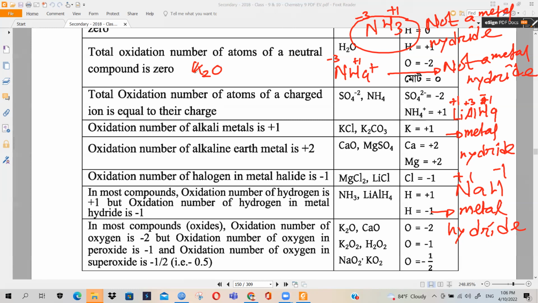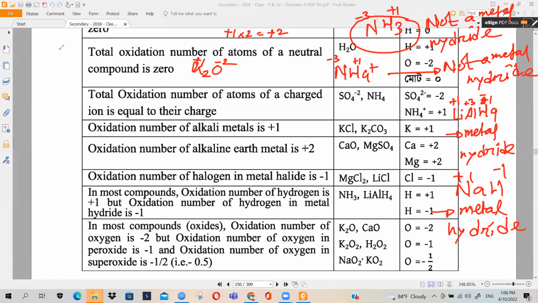Tell me. Plus 1, right? It will be plus 1. And for oxygen, it will be minus 2. Why? Because plus 1 multiplied by 2 equals plus 2. Understand my point? And it has to be charge neutral.